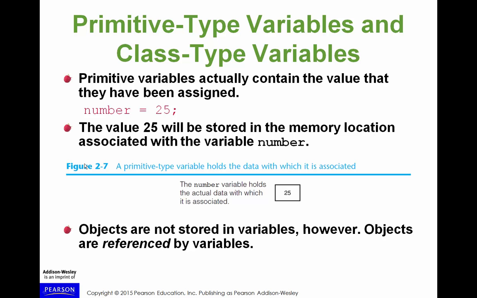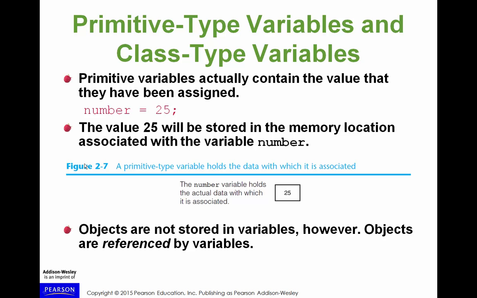But in contrast to the way that primitive data types are stored, objects aren't stored in variables. Objects have too much information to be stored in one variable, and it actually is organized in a very important way. And objects also have functionality, like methods that are used to manipulate that data. So there's a whole bunch more to objects than there is just to one primitive variable.